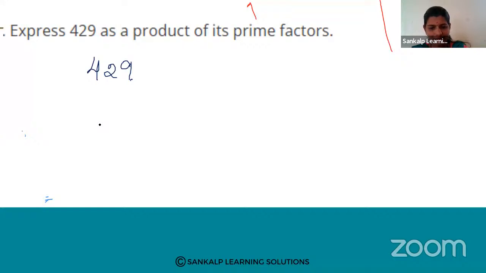Have you got the answer? Yes, 429 is a composite number.